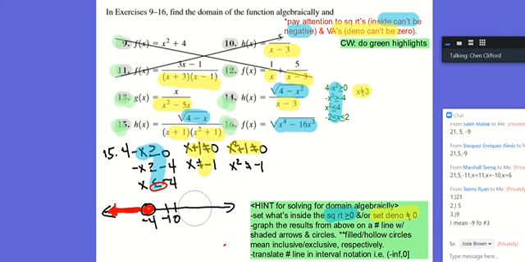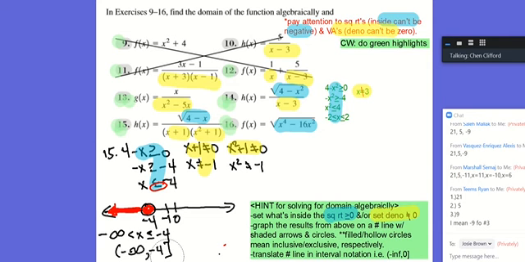So as of right now, this is what we got: -infinity to -4. Then you just convert that to interval notation. You get -infinity, comma, -4, bracket. And that's it.